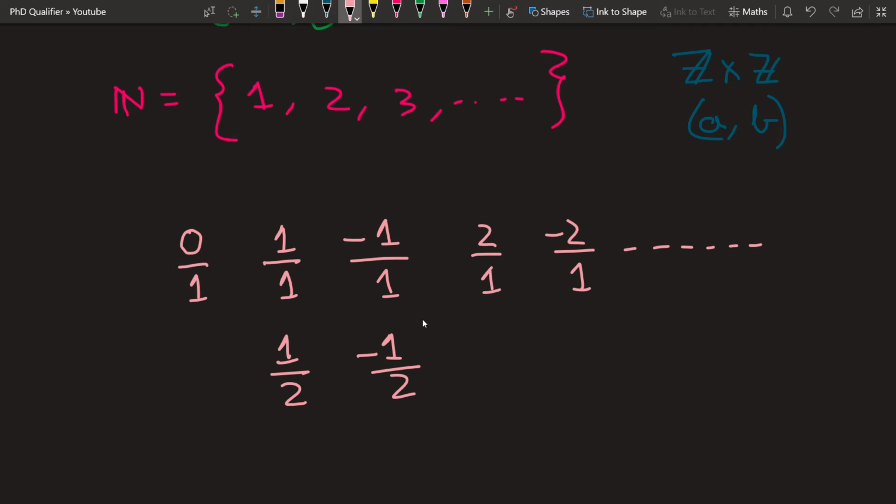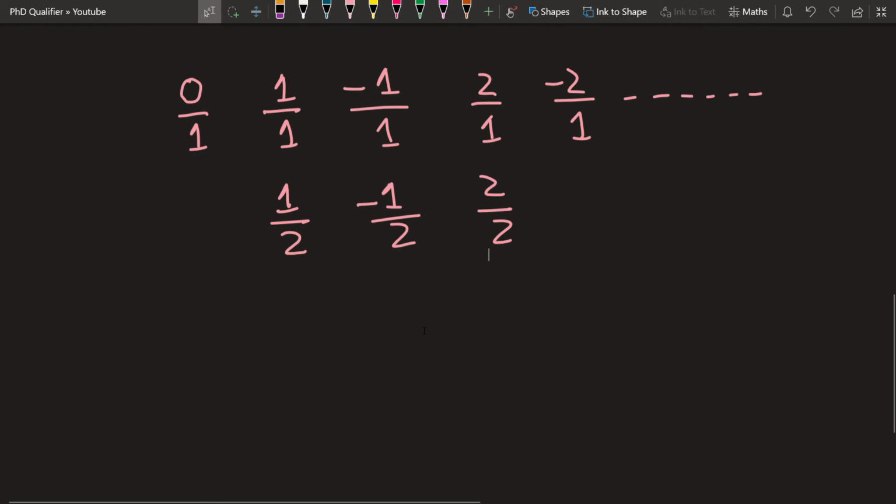It's 1 by 2, 2 by 2. You already see that there is a repetition, but to maintain a systematic representation, I have to live with it for now. Let's see how I will avoid it when counting the rational numbers. So it's 2 by 2, and so on.